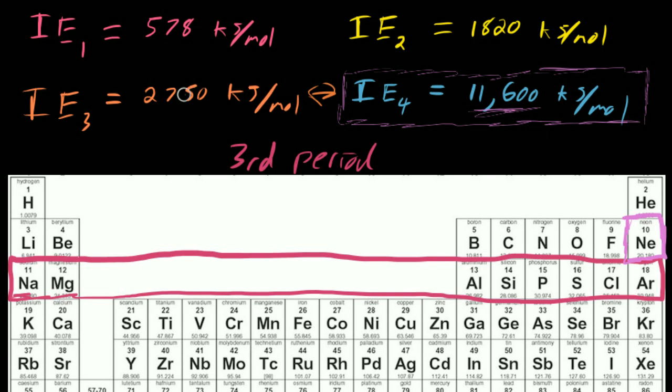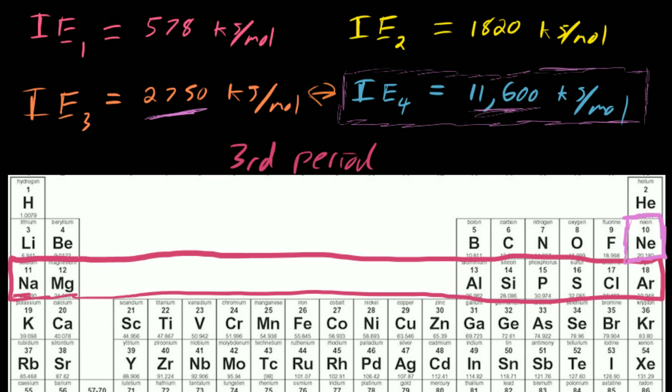So for this ionization energy, we've already lost 3 electrons. We could think that once we lose 3 electrons, we're at a nice, happy, stable place. But then once we lose the 4th electron, we're much, much less stable. We're much less happy.